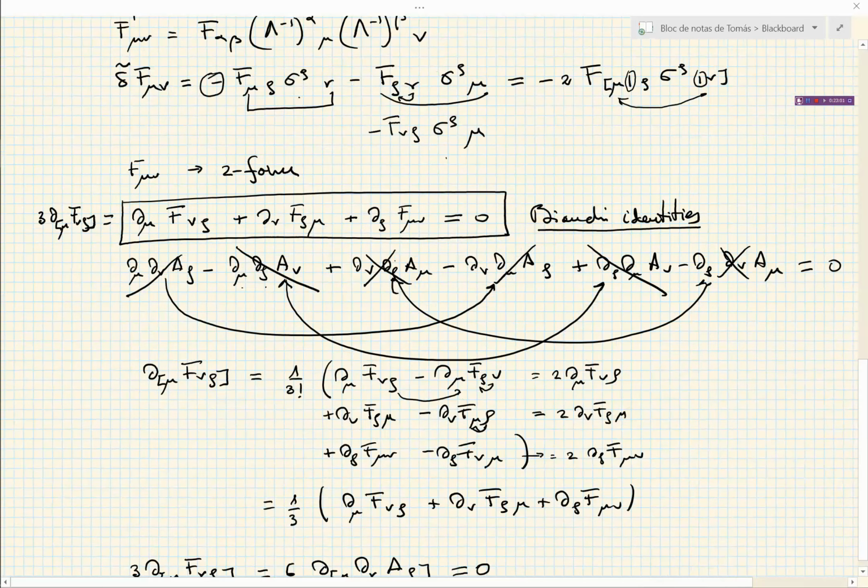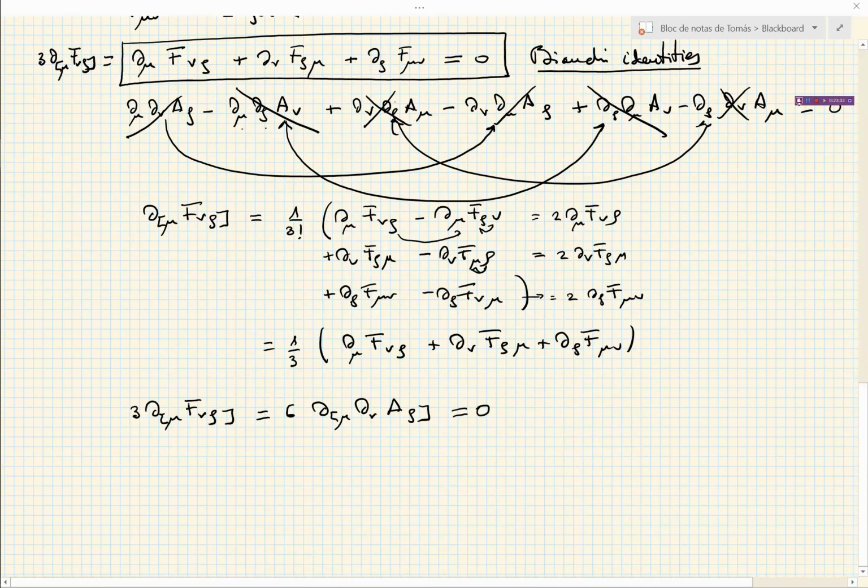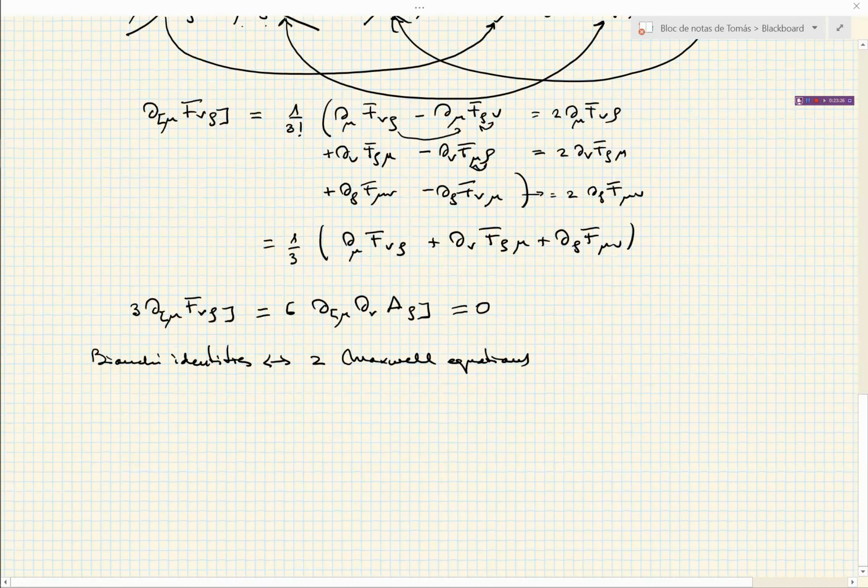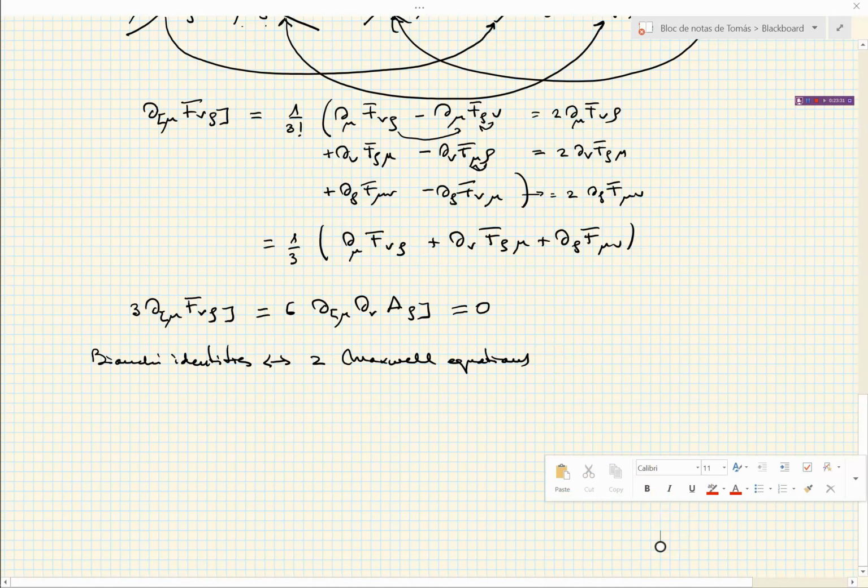Okay, something we should already know is that these Bianchi identities give 2 of the Maxwell equations. So they are indeed equivalent to 2 of them. The Maxwell equations are typically given in terms of an electric field E and a magnetic field B. When you rewrite them in terms of a potential, 2 of them are automatically satisfied.